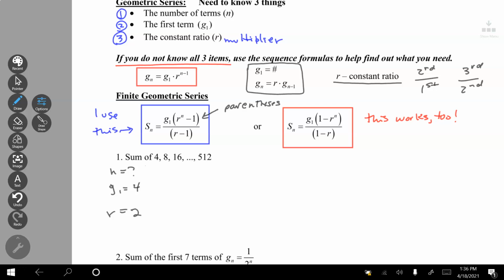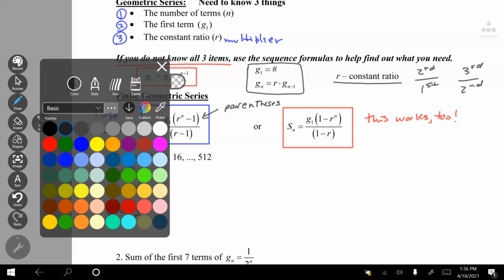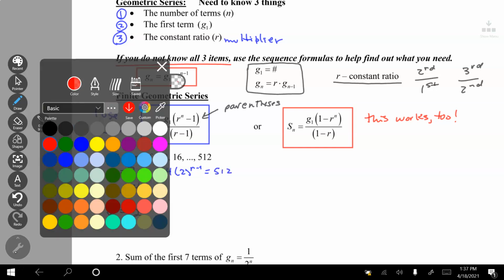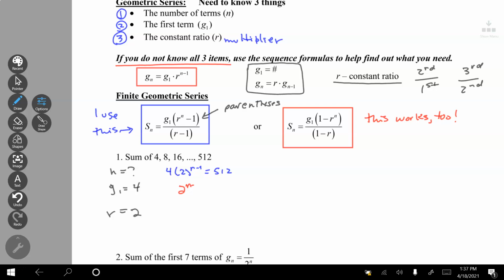So now I have to figure out the number of terms. One way to do that is to use this equation here. So I have 4 times 2 to the n minus 1 is equal to 512. I divide by 4 and I get 2 to the n minus 1 is equal to 128.